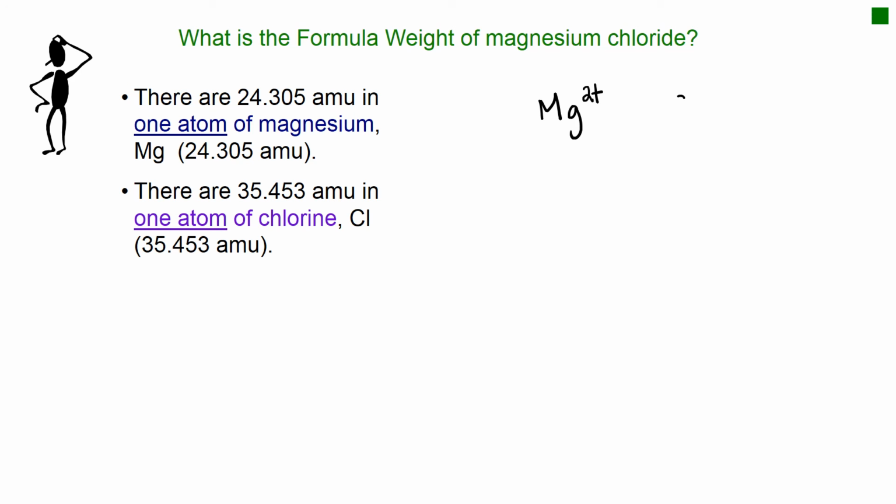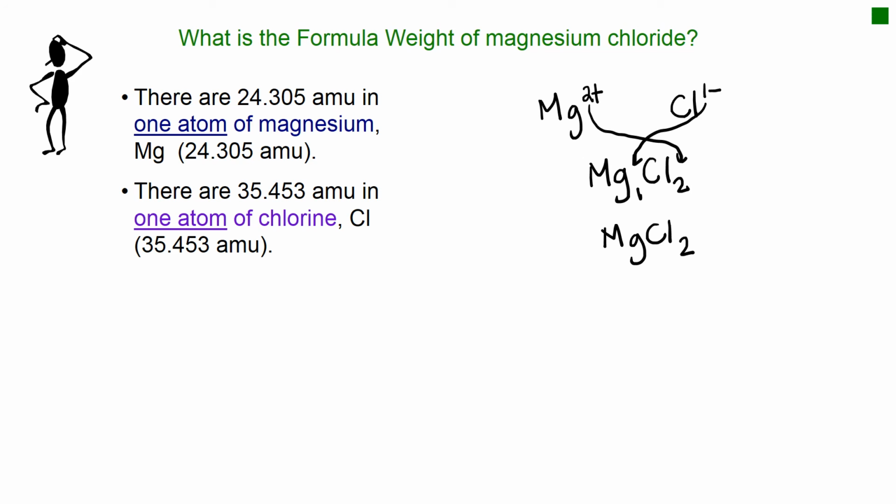Chlorine becomes the chloride ion, and it has a charge of 1-. So to write the formula, we do the scoop and loop. We take the 2 and put it down there, and take the 1 and put it here, but I don't need to write the 1. So that means we have 1 magnesium and 2 chloride ions in this compound.